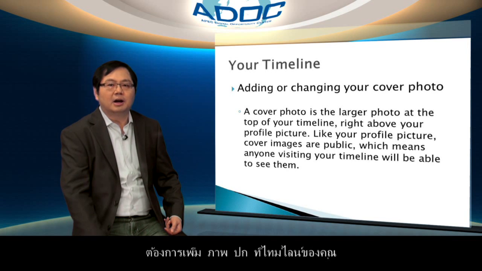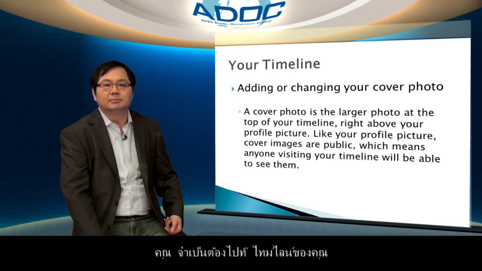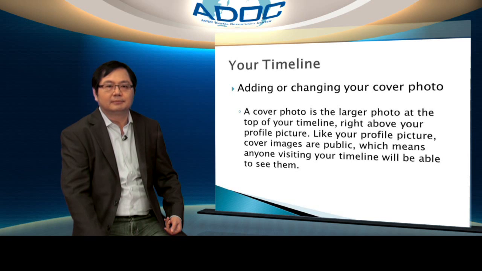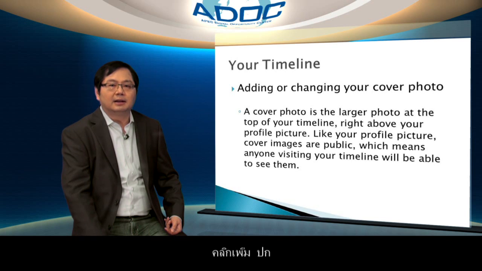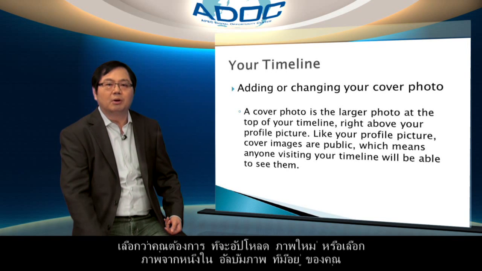To add a cover photo to your timeline, you need to go to your timeline. Click Add a Cover. Choose whether you want to upload a new photo or pick a photo from one of your existing photo albums.